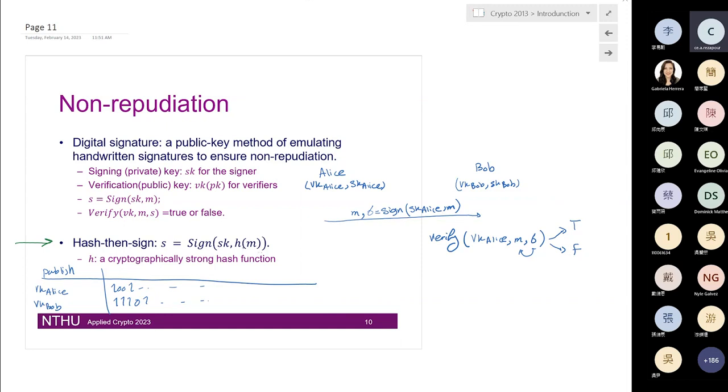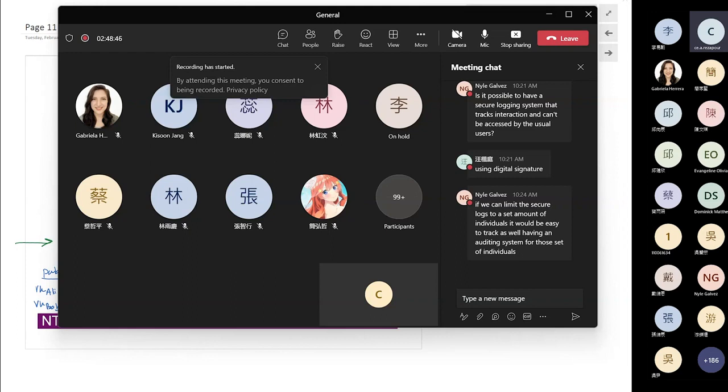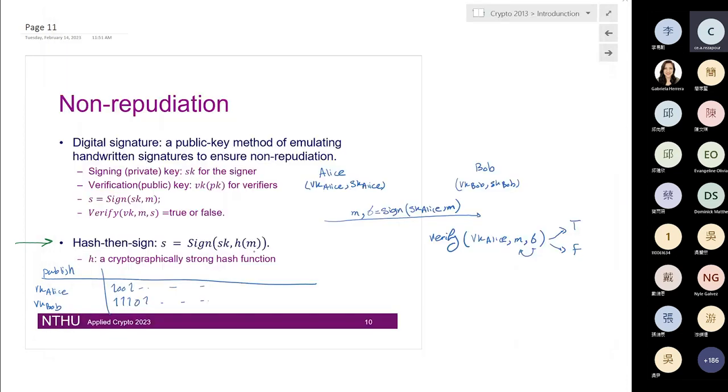Why do I have to get the hash of the message to sign it? Any ideas? Any idea why in the digital signature we want to hash the message and then sign it rather than just signing the message directly?